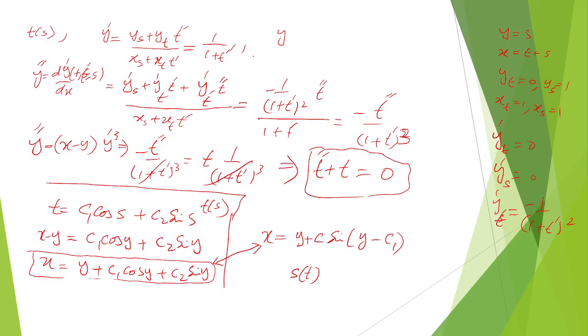So what does the symmetry method do? It does three things with ODEs. Number one, it reduces order. If you have a Lie symmetry generator, you can reduce order. Number two, you can solve. And number three, linearize.